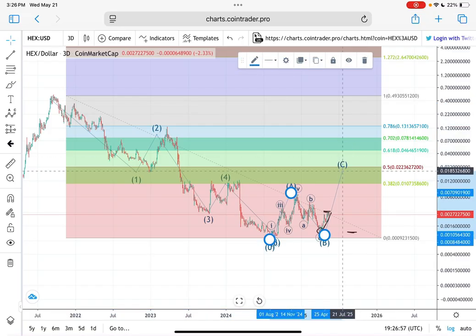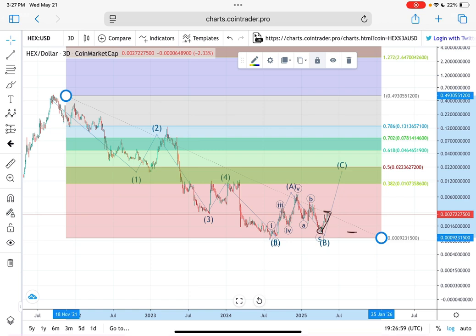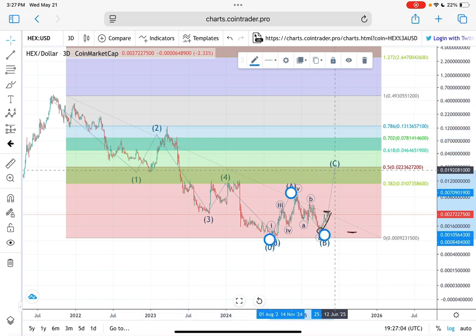Okay, right over here at 0.022 and 0.046.